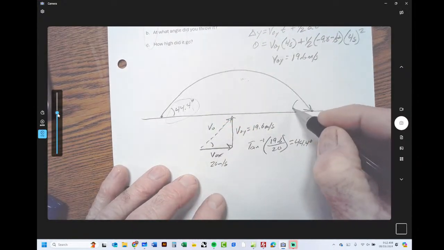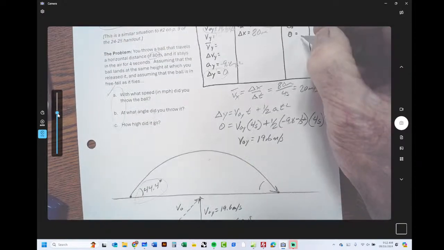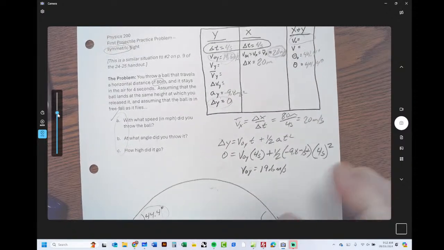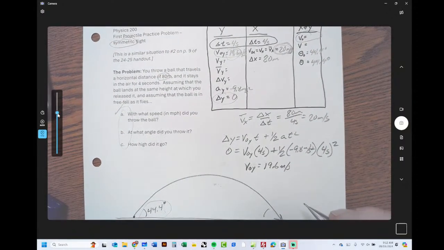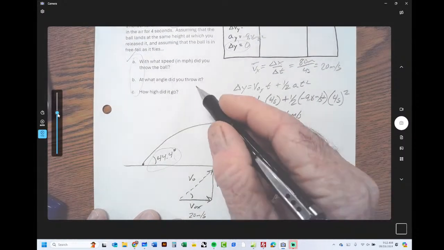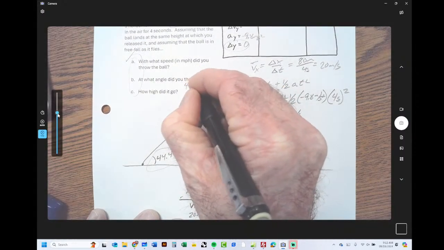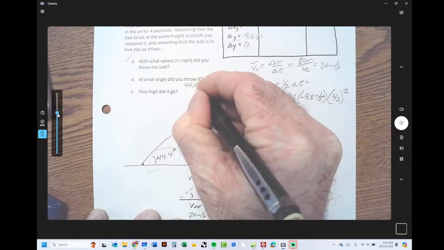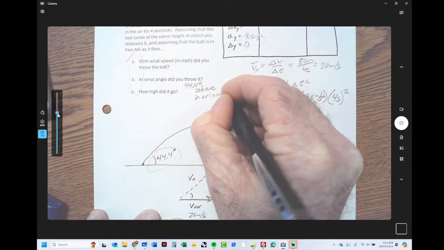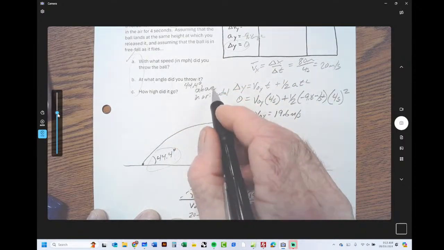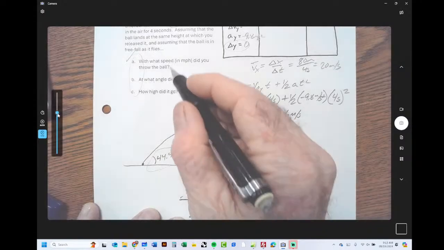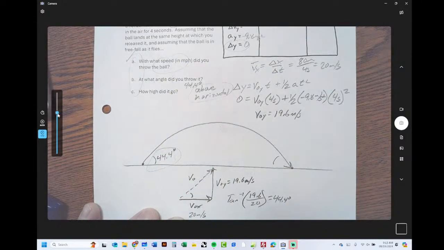The final angle is also going to be 44.4 degrees because this is symmetric. Just like when we had things going up and down, everything was symmetric. Okay, so now I can put this angle in, 44.4 degrees above horizontal. So I've got an angle, and then I'm telling relative to what. How do we figure out the speed? How fast was it?